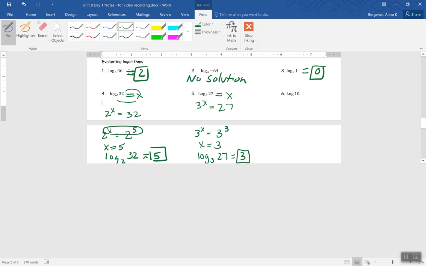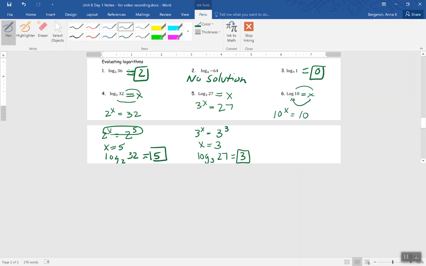Now, one thing I haven't touched on yet, but was at the top of page 2, is if there's no base written here, it's an assumed 10. So this is going to be a base of 10. Logarithms are always base 10 unless we write a number here. So we have 10 to the x power equals 10.